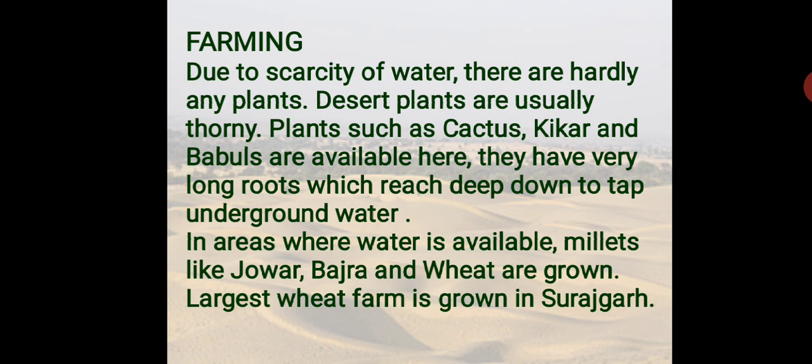They have very long roots which reach deep down into the soil to tap underground water for their survival. In areas where water is available, only millets like jowar, bajra, and wheat are grown.